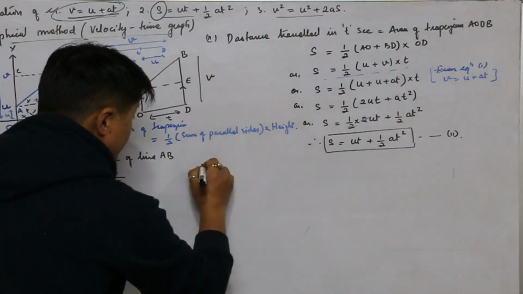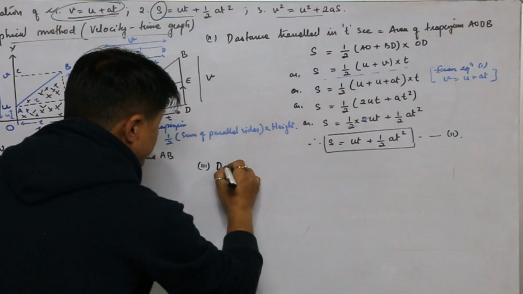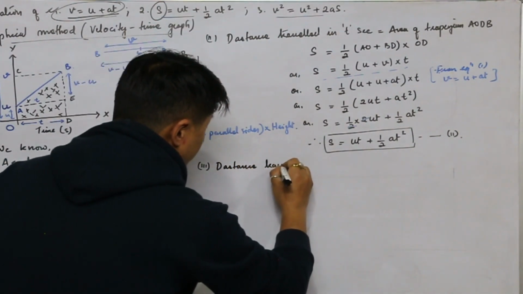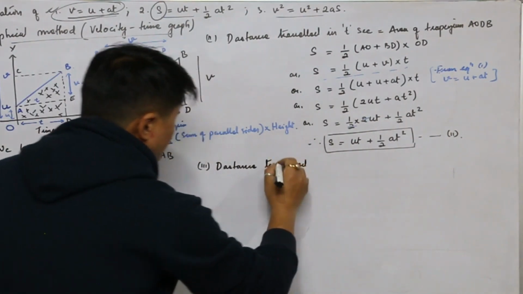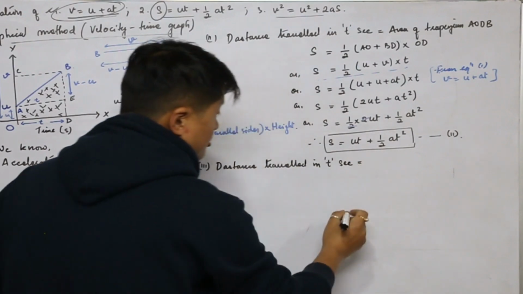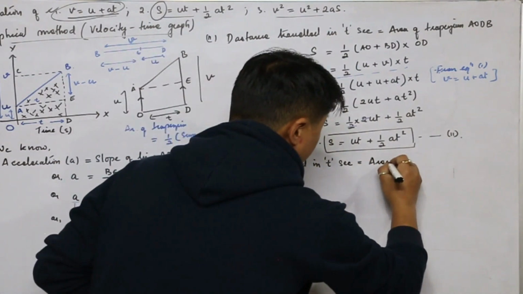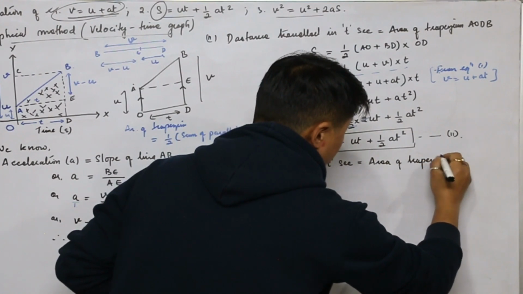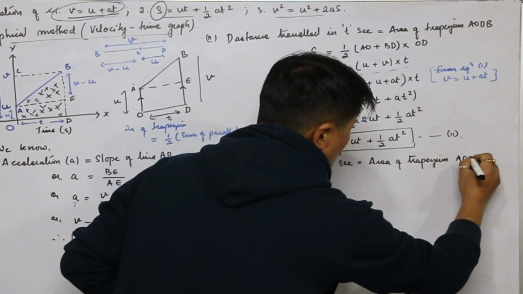For the third equation, distance traveled in t seconds is equal to the area of trapezium AODB.